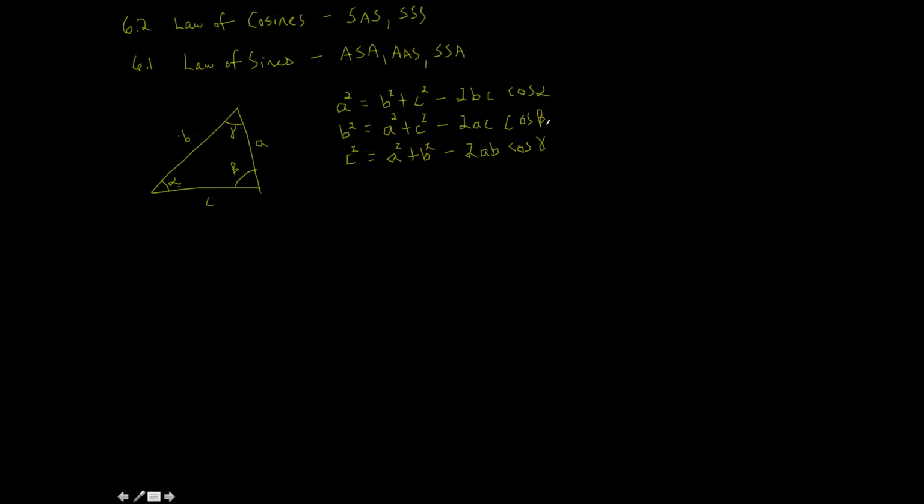So let's look at the first case, side angle side. That will be the first case that we're going to look at. What I want you to realize is that we have some steps for this that are going to help you out.